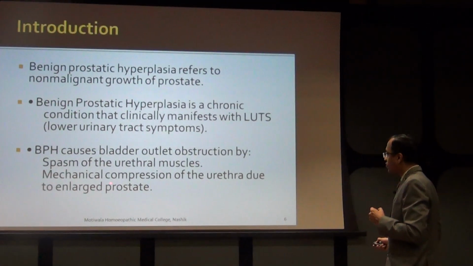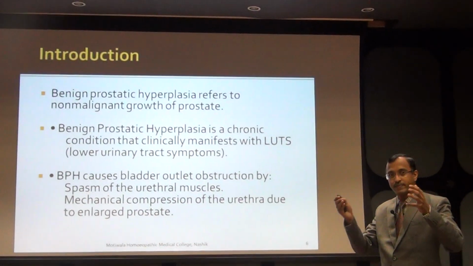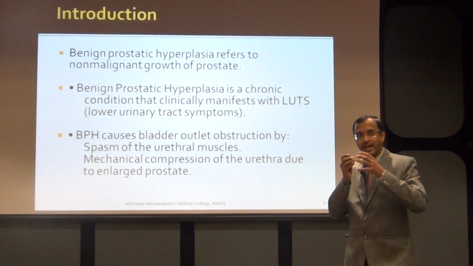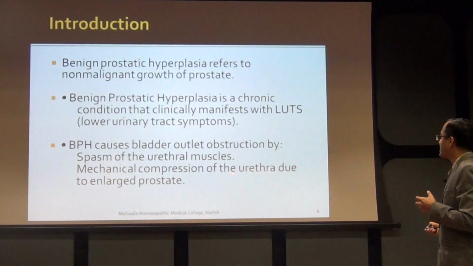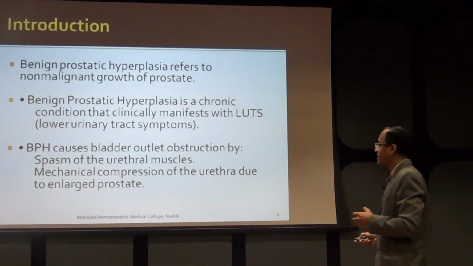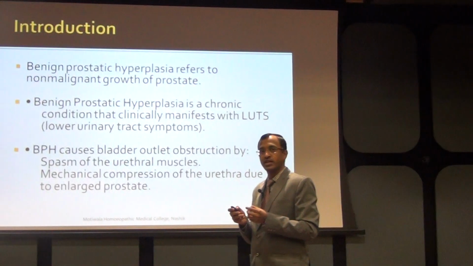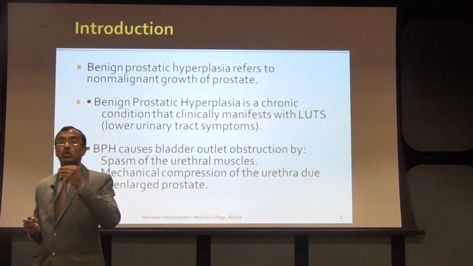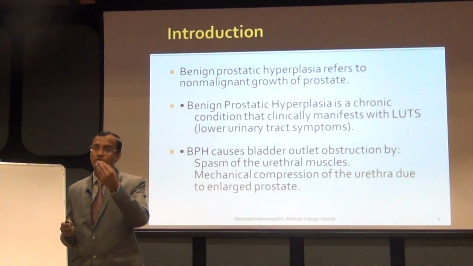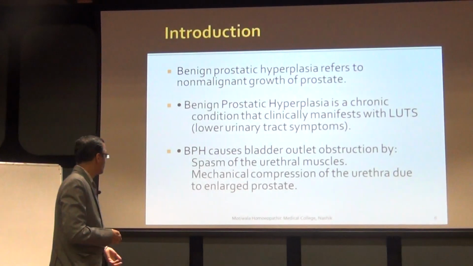And because of the enlargement, the prostate gives pressure over the surrounding tissue, so there is mechanical compression of the urethra. The prostatic urethra gets involved and is the key cause giving rise to the various symptoms.